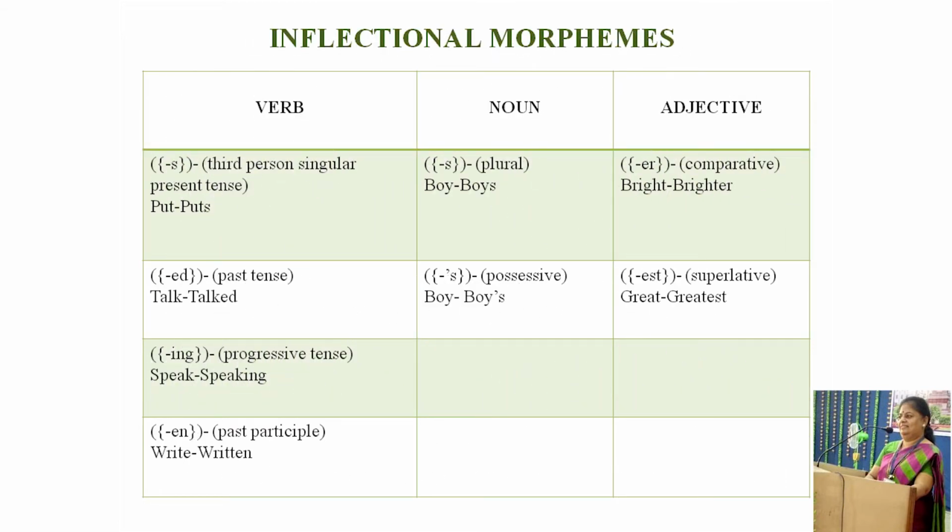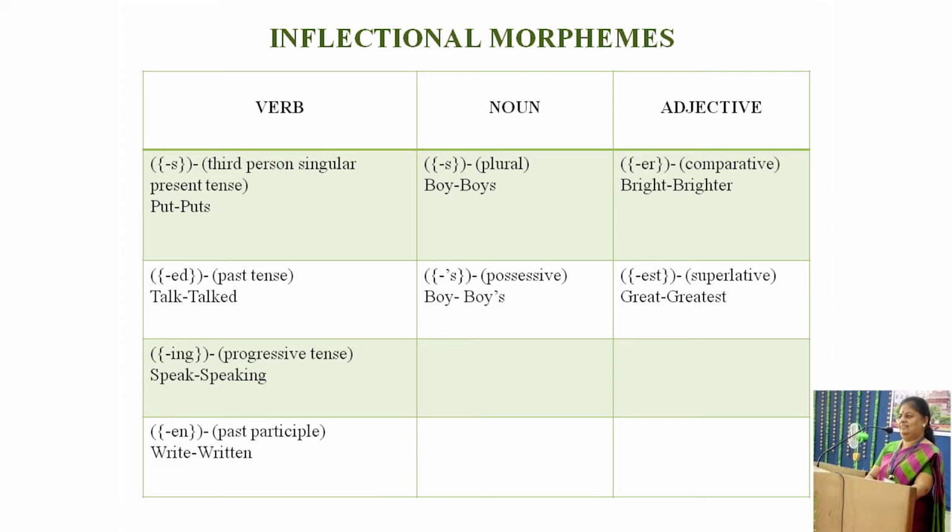Inflectional morphemes. There are, for verbs, "s," third person singular present tense: put, puts; "ed," past tense: talk, talked; "ing," progressive tense: speak, speaking; "en," past participle: write, written.